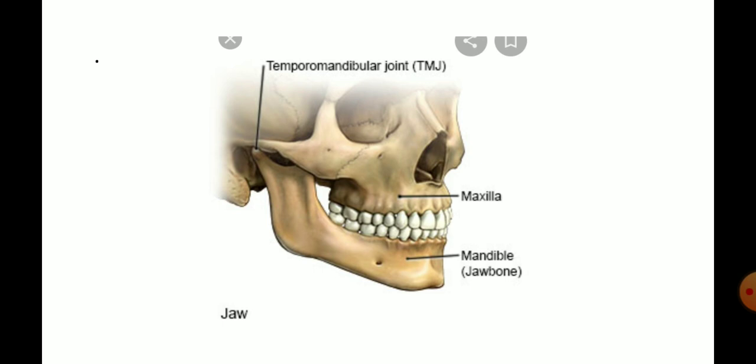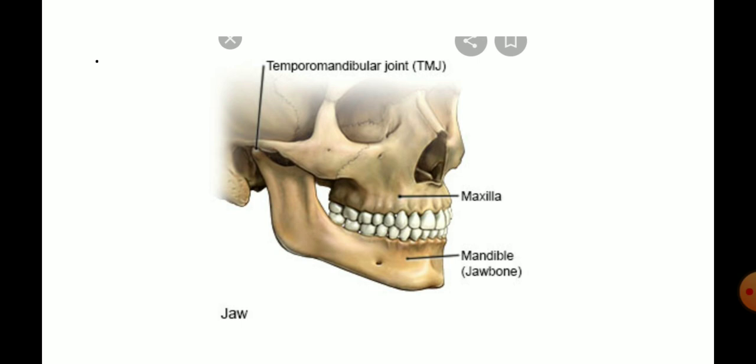The lower jaw bone known as mandible and the upper jaw bone known as maxilla. The upper and lower jaw bones together form the structure of the mouth. The lower jaw bone or mandible is the only movable bone in the skull.